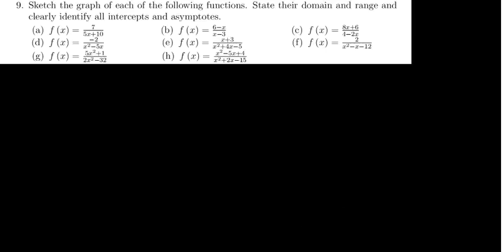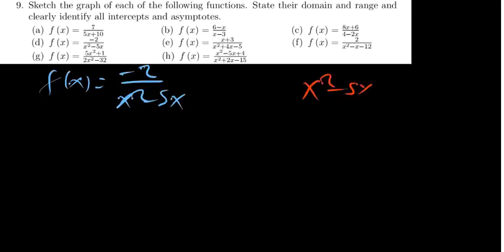Now let's go ahead and find and graph D. D is f(x) = -2 divided by x squared minus 5x. To find the domain, we get x squared minus 5x not equal to 0. We solve for x.